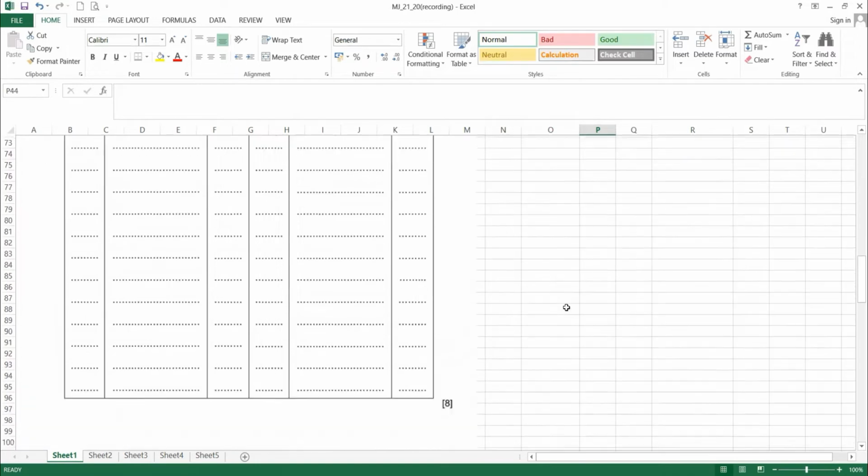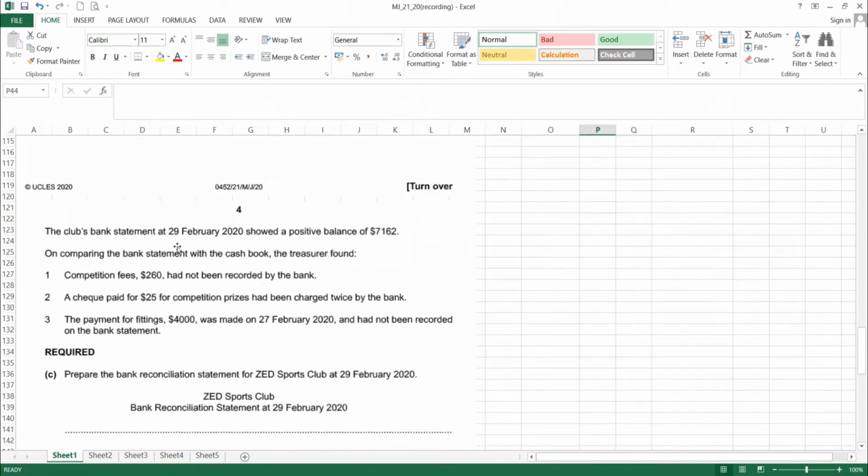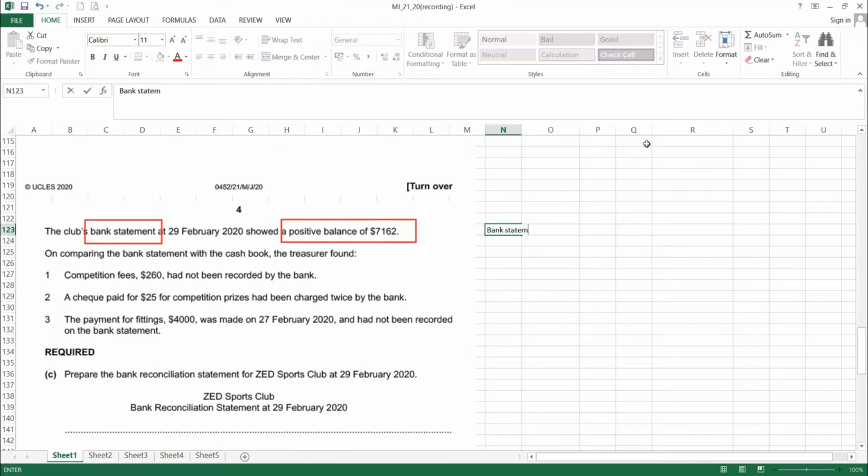Next, let's see what else they asked for. Okay, the club bank statement at 29 February 2020 shows a positive balance. When this shows a positive balance, this refers to the bank statement. Balance at 29 February 2020.